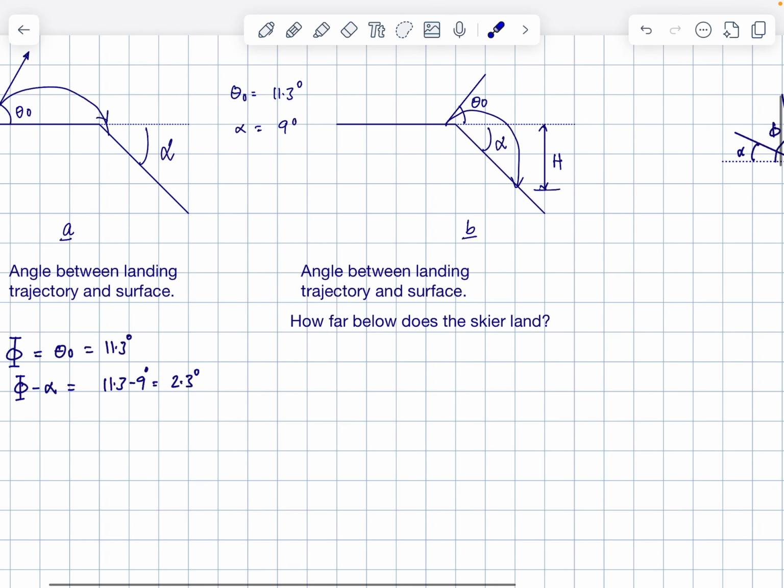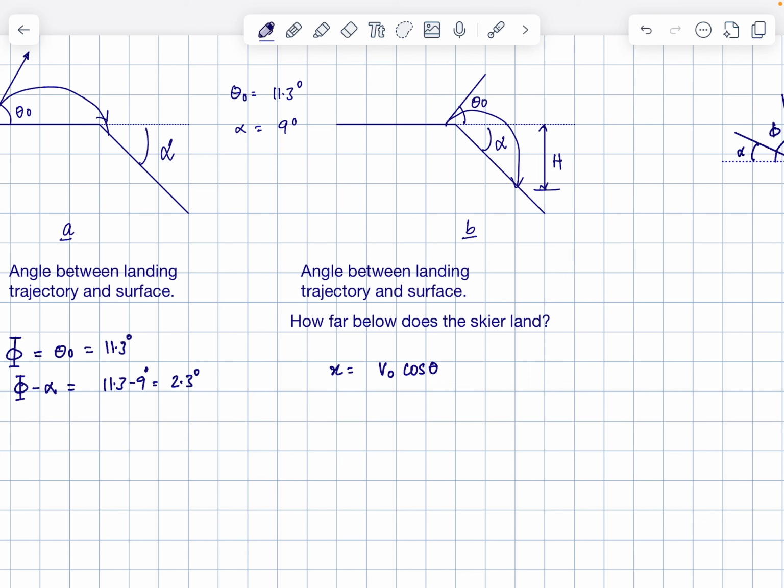So here, one of the things to do is write the equations of motion, and so we will write x equals v0 cosine theta.